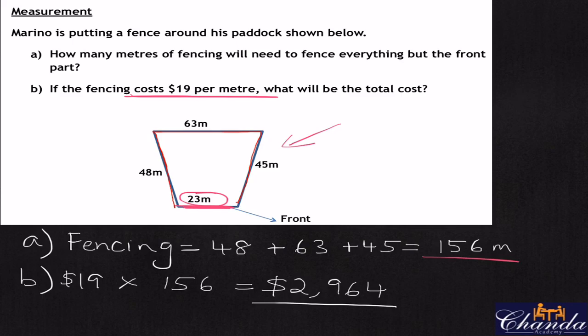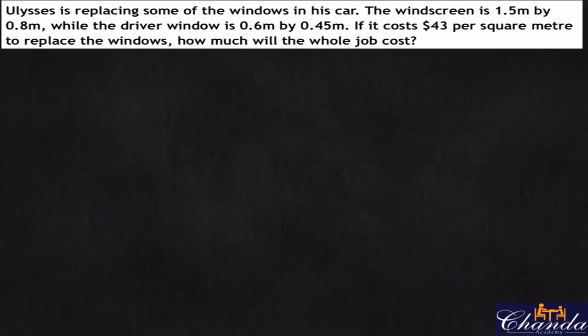So this question says, Ulysses is replacing some of the windows in his car. The windscreen is 1.5 meters by 0.8 meters, while the driver window is 0.6 meters by 0.45 meters. Now, if it costs $43 per square meter to replace the windows, how much will the whole job cost?